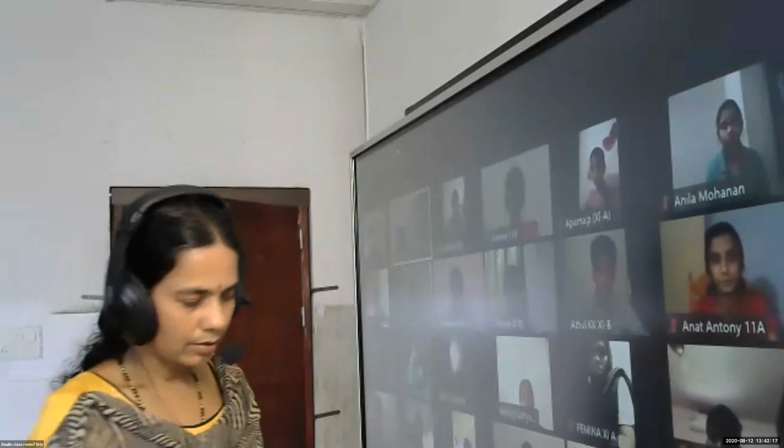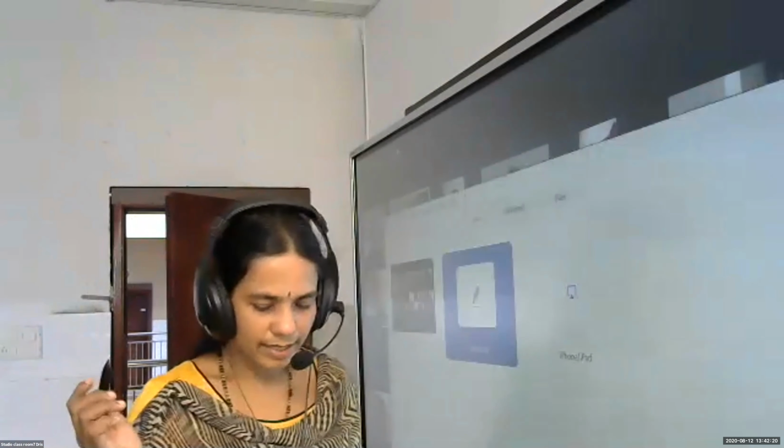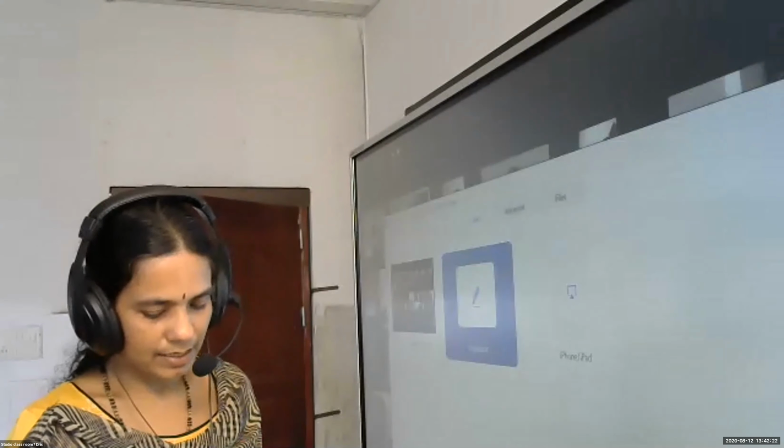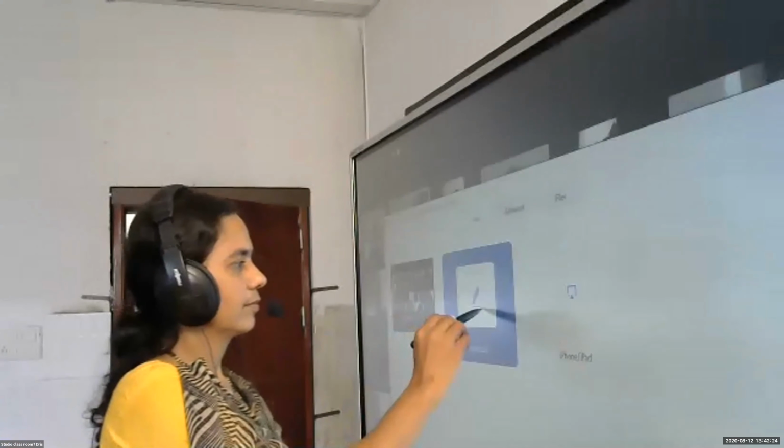Now write the next heading: Representation of relation. Sets we can represent in two ways.